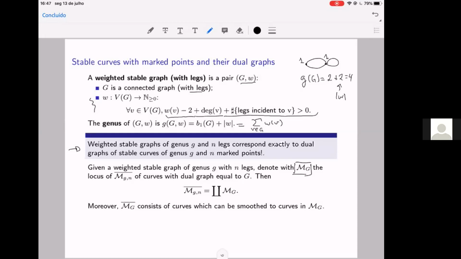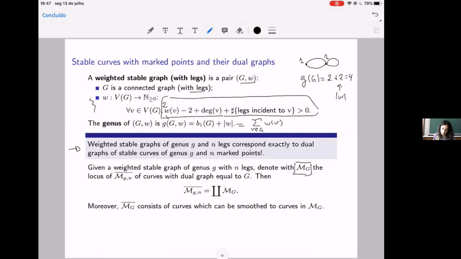A question: w of v in the definition is twice the weight? In the definition of stability, yes, thank you. It's twice the weight, sure. Sorry about this.